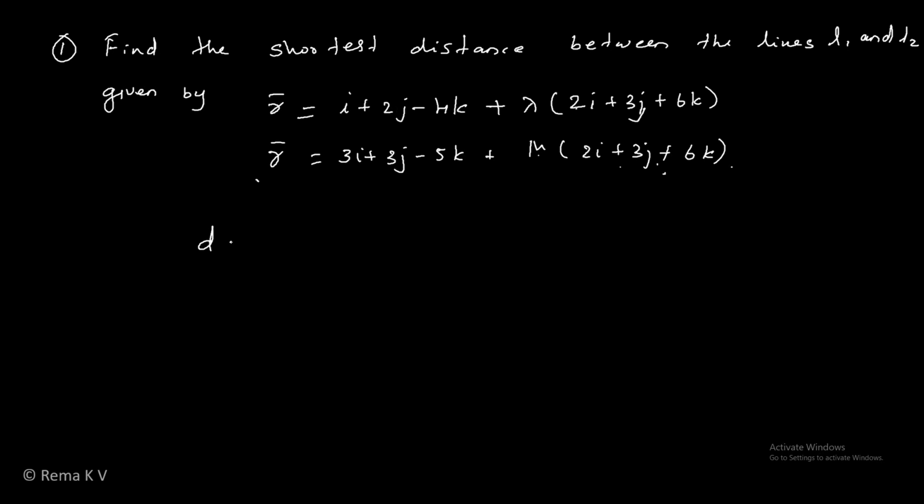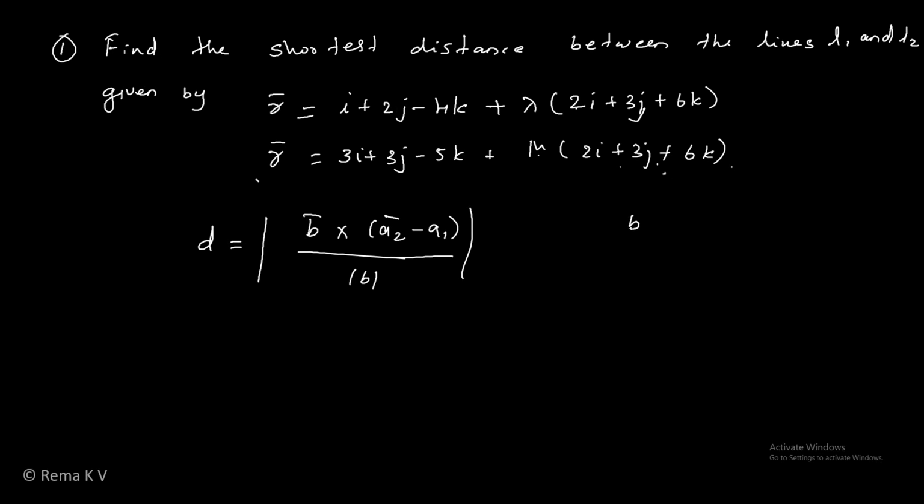So the shortest distance can be found by modulus of b cross a2 minus a1 divided by modulus of vector b. First let us find this b cross a2 minus a1.